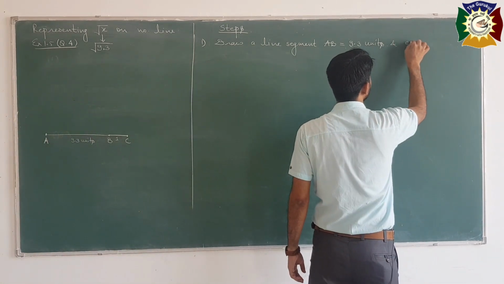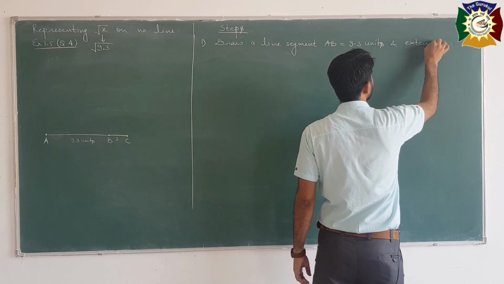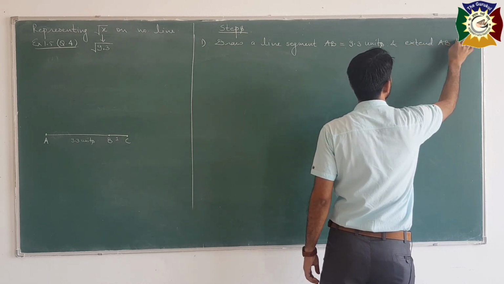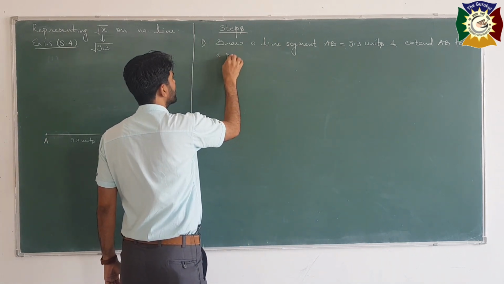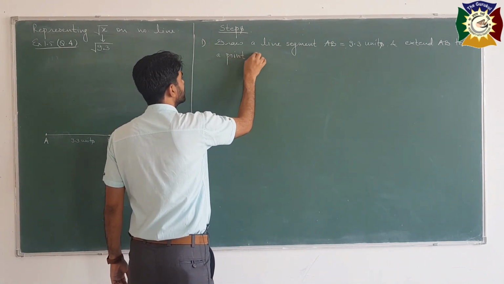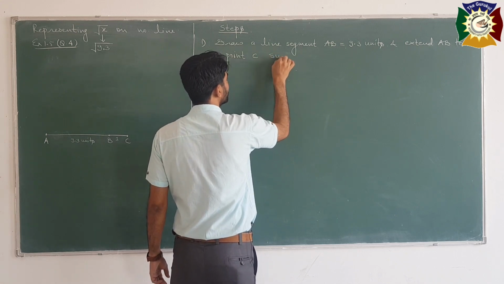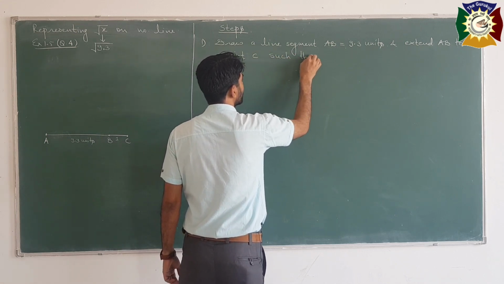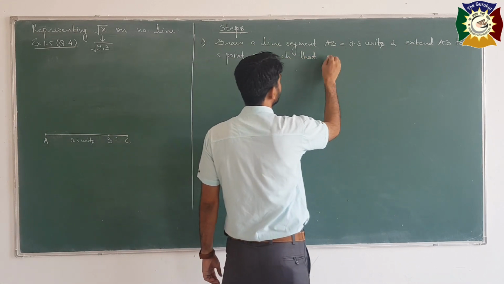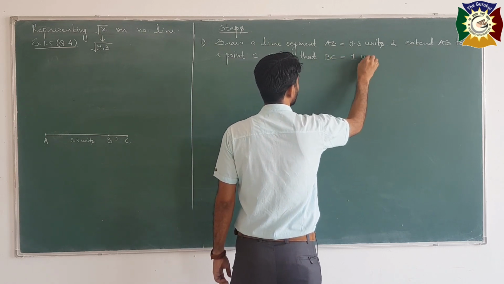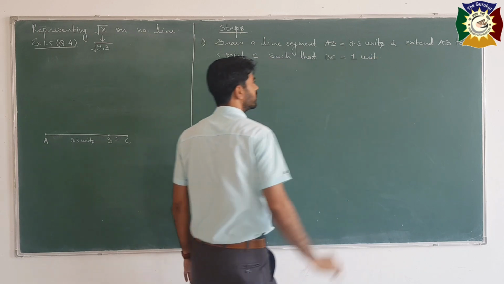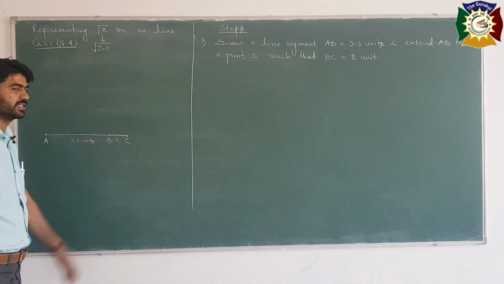Extend AB to a point C such that BC is equal to 1 unit. Okay, so we have extended it.